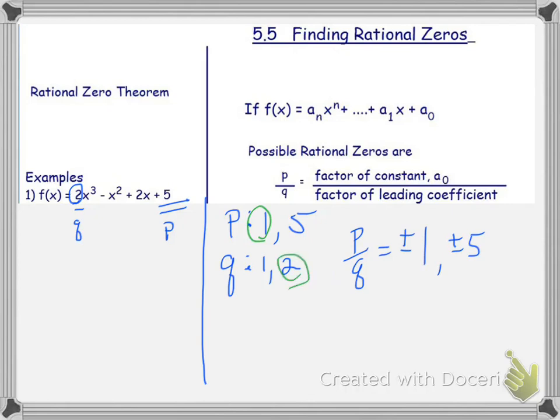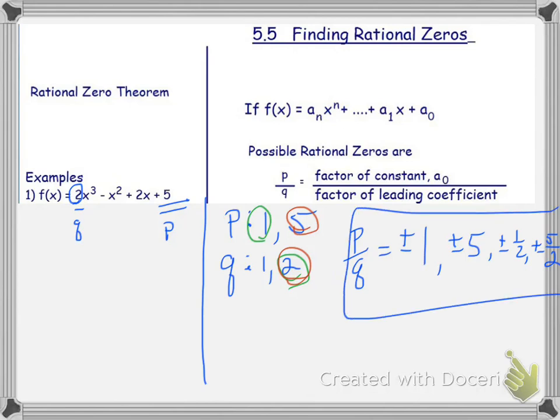So plus or minus 1/2. And then I'm using 5 over 2. So plus or minus 5 over 2. And you're listing all the combinations that you can get of any p over q.